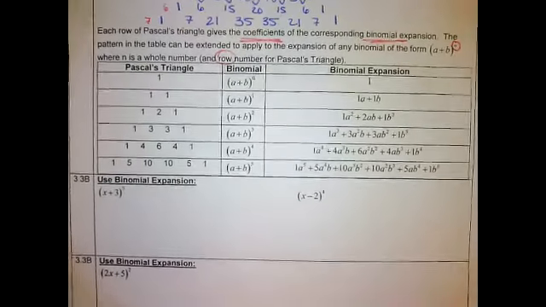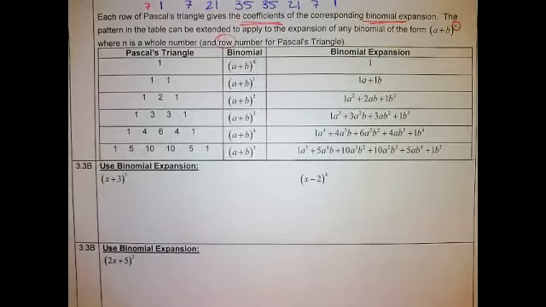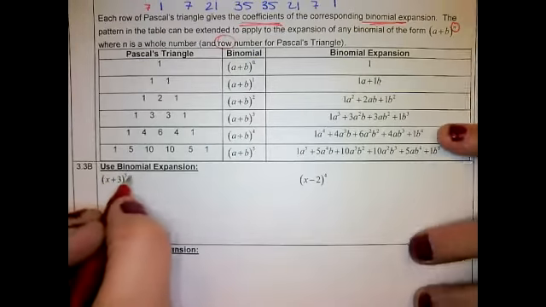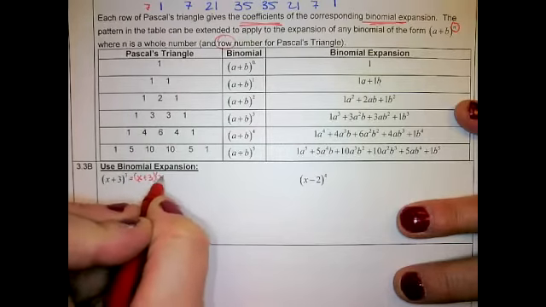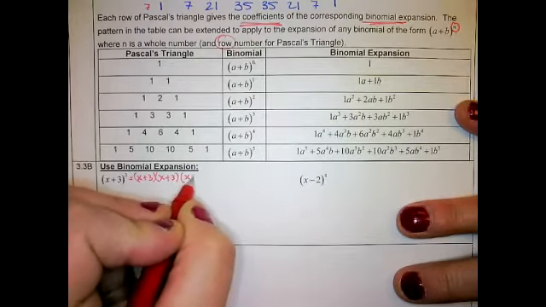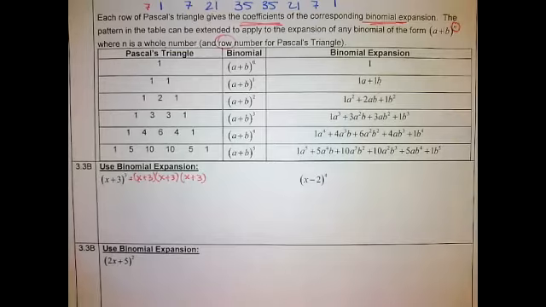The easiest way to use this and learn it is always to do some problems. So we're going to take a look at x plus 3 to the third power. That really means x plus 3 times x plus 3 times x plus 3. Once again, this one might be easier to do using basic multiplication, but once we get into really big ones, it's a whole lot easier to use the binomial expansion method.